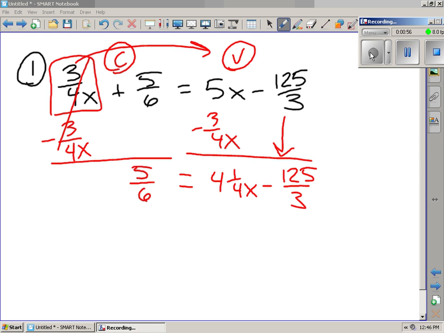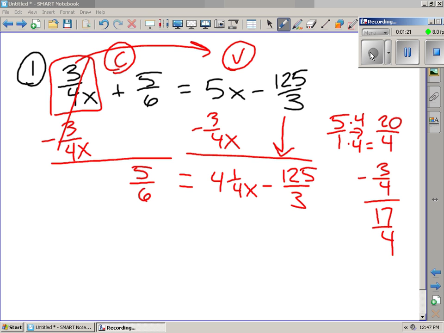Over here to the right, I'm going to show how you could have changed 5 so that it has a denominator of 4. It's just another way that we could have shown the subtraction. So 1 times 4 equals 4, which means we also need to multiply 5 times 4. So 20/4 is equal to 5, and then we take away 3/4 and we'd be left with 17/4.